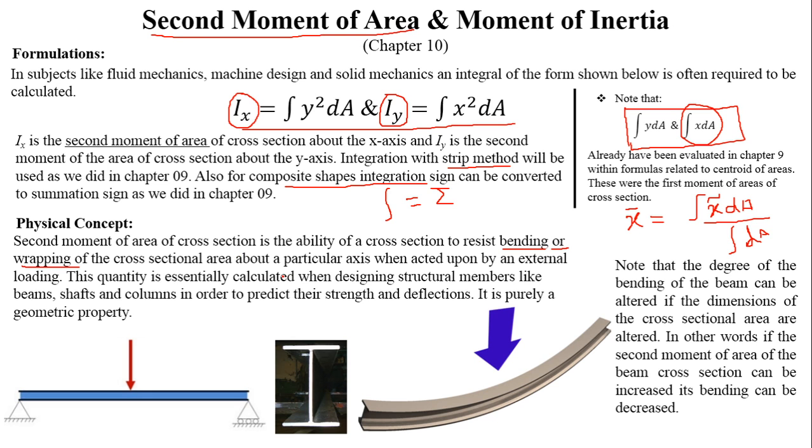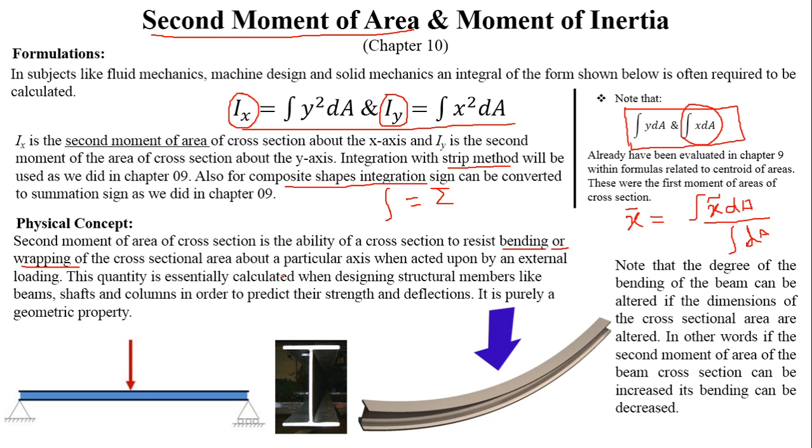It is the ability by virtue of the shape of the cross-section: a structural member will resist bending about a given axis. This is actually the second moment of area.